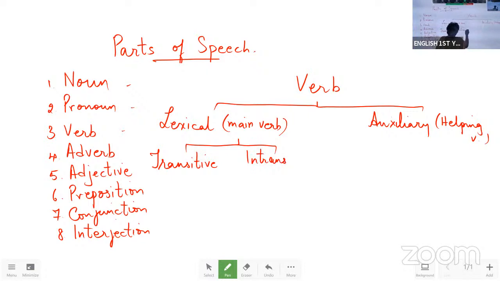Children, pay more attention because you come across the intransitive and the auxiliaries often, and many children are most confused about it. What's the difference between a transitive and an intransitive sentence? Intransitive does not have an object.